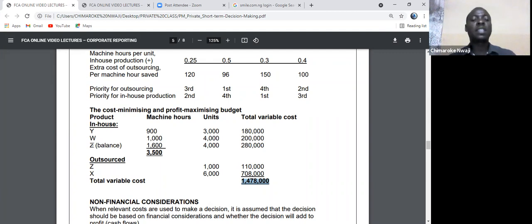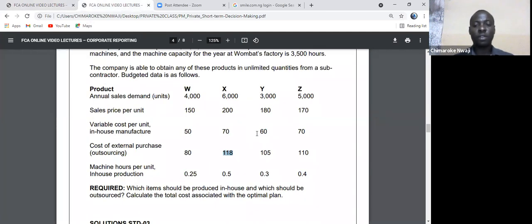Now, instead of outsourcing Z, do the whole of Z. If you do the whole of Z, how many hours is it going to take you? Do the whole of Z, 5,000 multiplied by 0.4, it's going to take you 2,000.